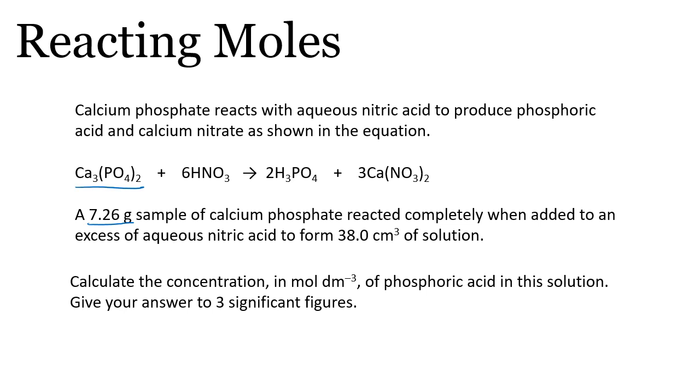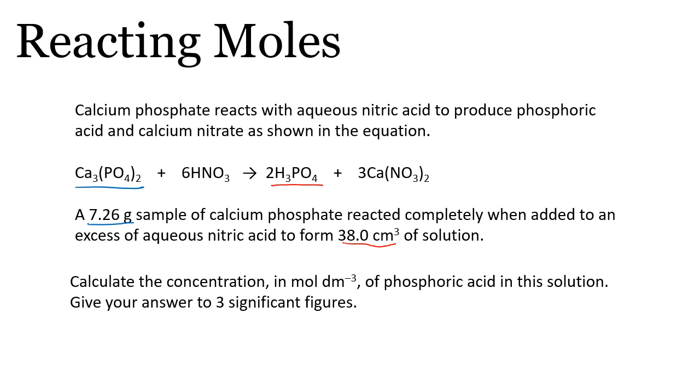It doesn't tell you what solution we're forming. It doesn't say 38.0 centimeters cubed of what. You have to think about that yourself. So calcium phosphate is reacting with nitric acid. So that 38 centimeters cubed is going to be of this phosphoric acid and the calcium nitrate solution.